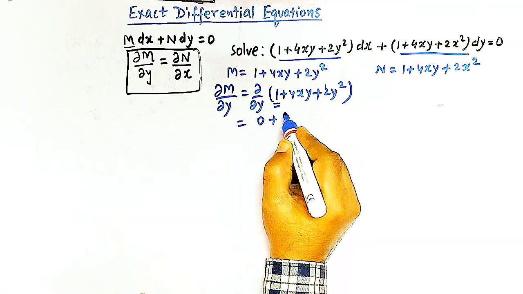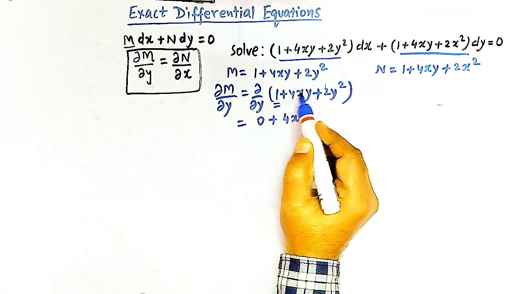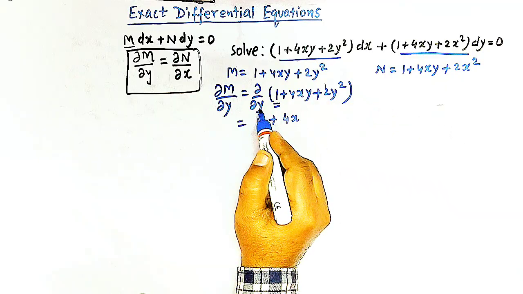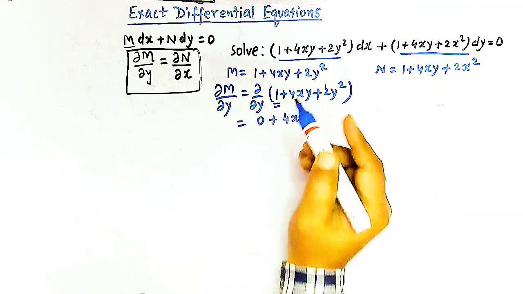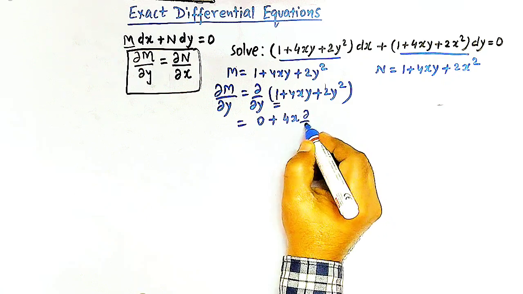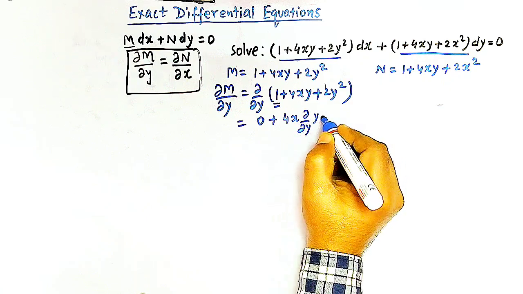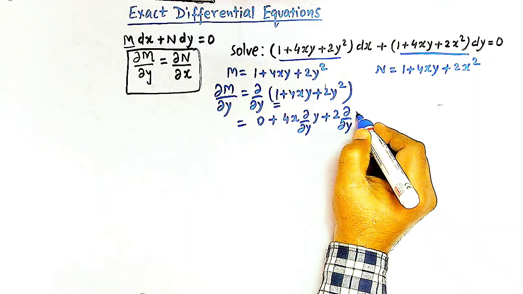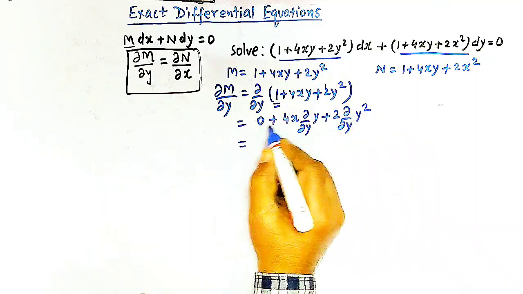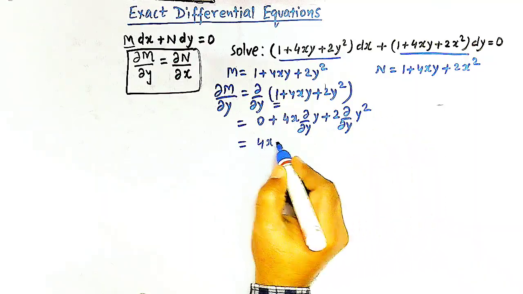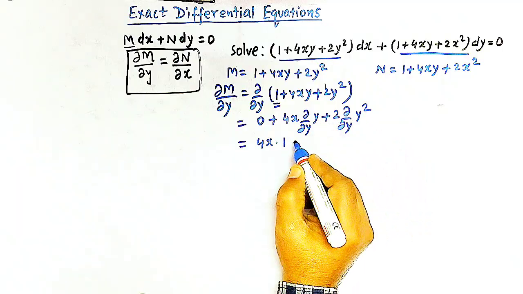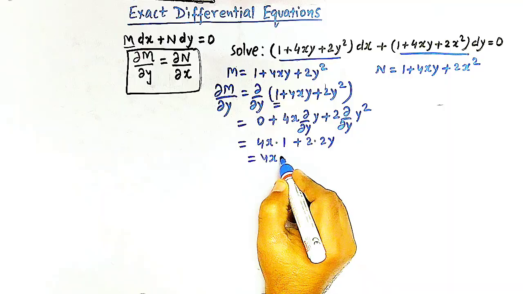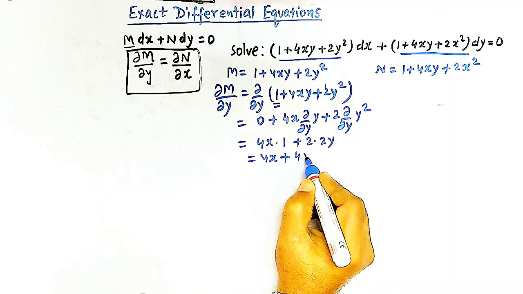Then we have 4x, because while finding the partial derivative of this expression with respect to y, we take x as constant. So we have del over del y of y, and then 2 times del over del y of y square. So here we have 4x times 1, and then we have 2 times 2y. So this is 4x plus 4y.